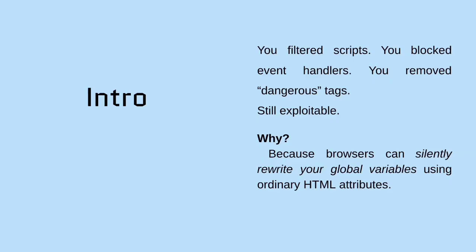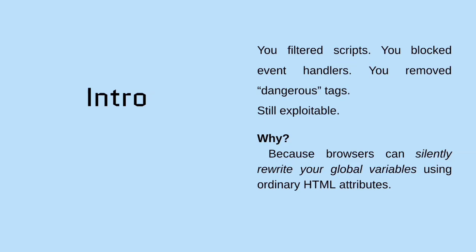Okay, assume that you filtered the script tags, you blocked onload and onerror event handlers, you even filtered out iframes, you filtered any dangerous tags. You think your application is secure? Think again.